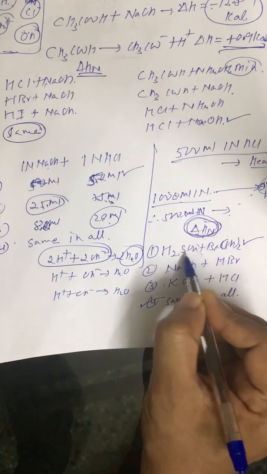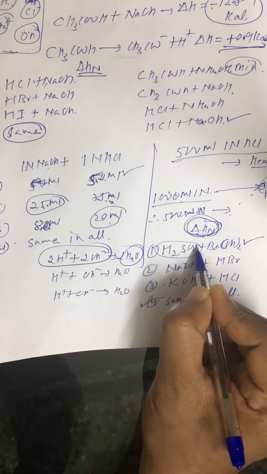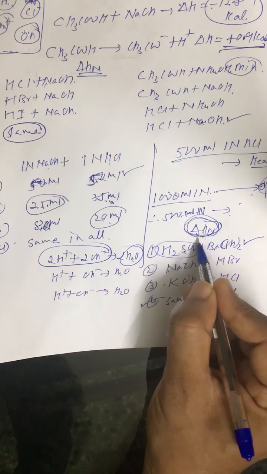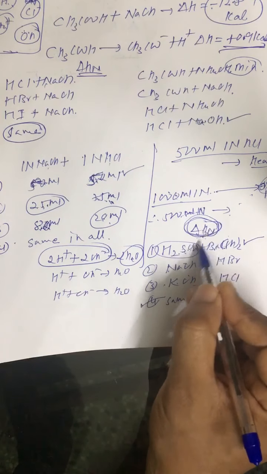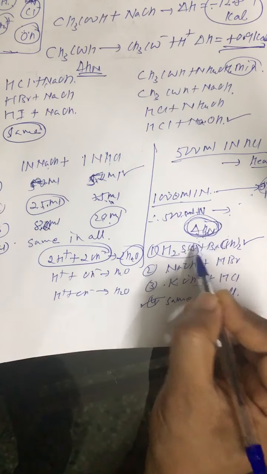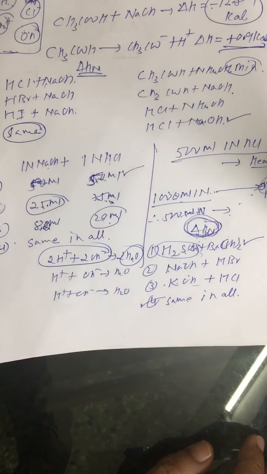Here 98 grams of H2SO4 is completely neutralized, but when asked delta Hn, we will consider only the neutralization of 49 grams of H2SO4. So one should be careful. These are the questions related to enthalpy of neutralization.